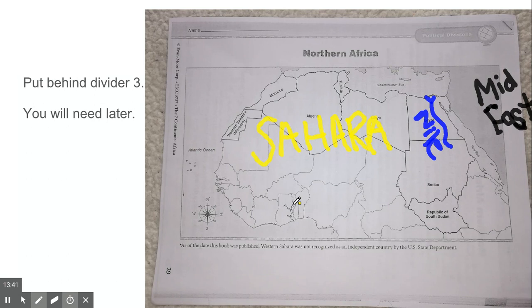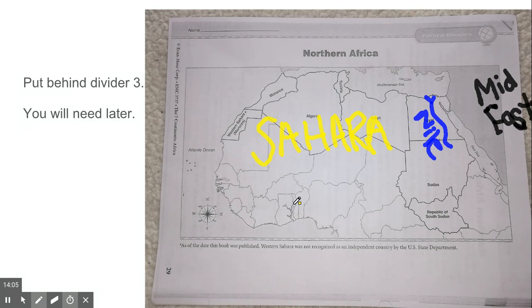So that's going to be your Sahara Desert. And remember, I said after spring break, we'll talk about sub-Saharan Africa, which is the part of Africa that's below the Sahara Desert. So your Nile is going through Egypt. All of the northern part is part of the Sahara Desert. We've got the Middle East off to the east.